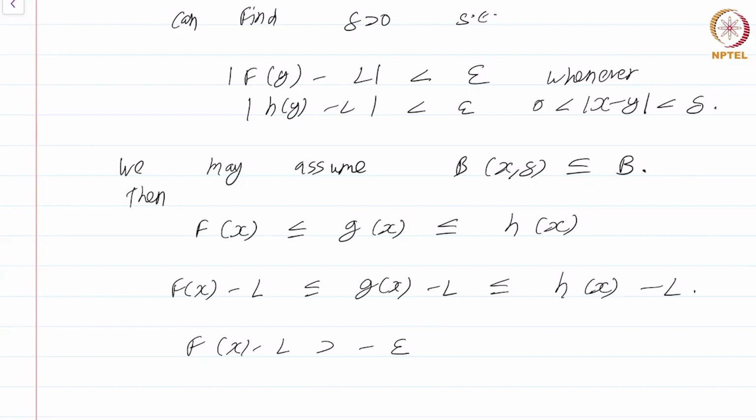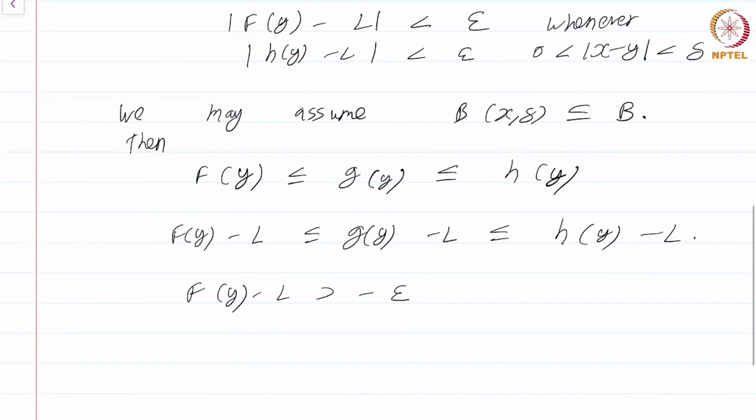But f of x minus L is greater than minus epsilon. Right? Oh, just a moment. I have to change all these x's to y's. Sorry about that. f of y is less than g of y is less than h of y. So f of y minus L is greater than minus epsilon, whereas h of y minus L is less than epsilon. Why?